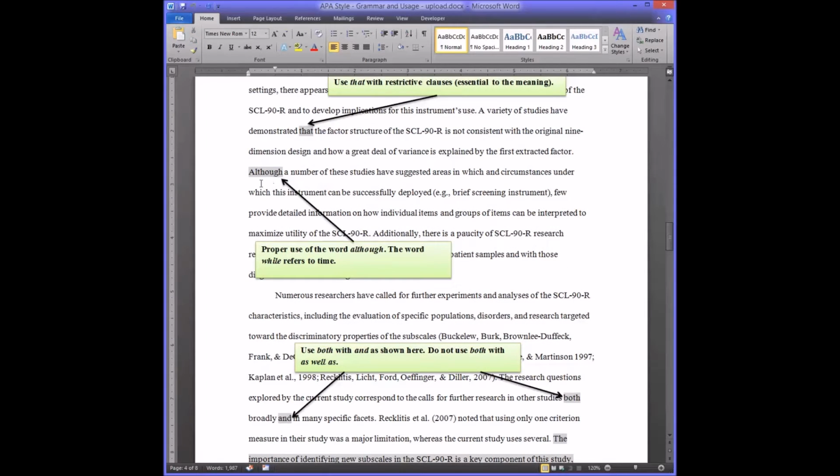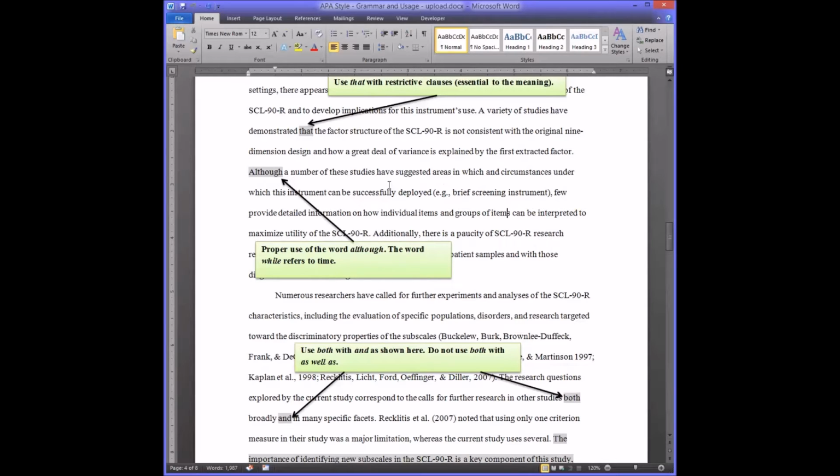So moving down to the next sentence, we have the word although. This is a word that is often misused. Well, I should say the word while is often misused when the intended word is although. So you see here that says, although a number of these studies have suggested areas. Now initially this had the word while, a number of these studies have suggested areas.